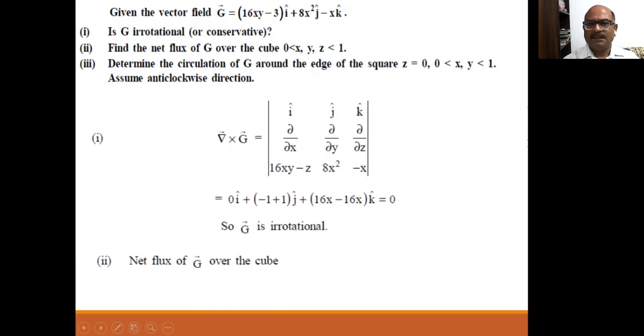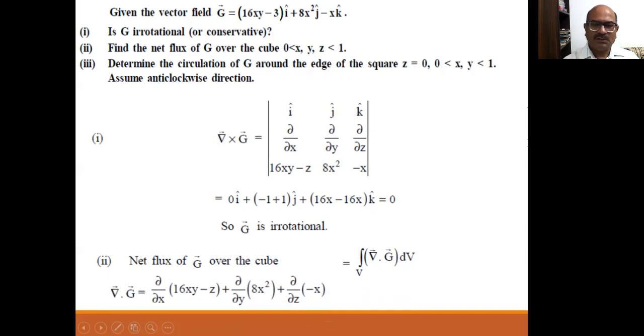Now the second part says, what is the net flux? Find the net flux of G over the cube. Now the net flux over the cube is the integral of del dot G dV. That is the total flux over the cube.